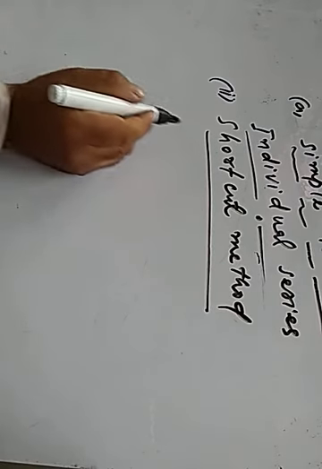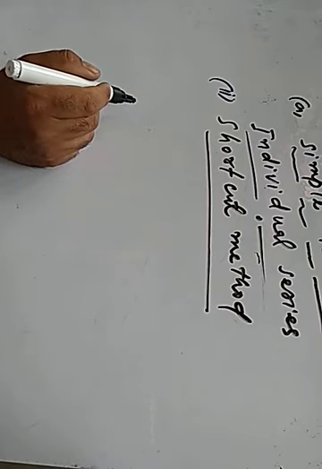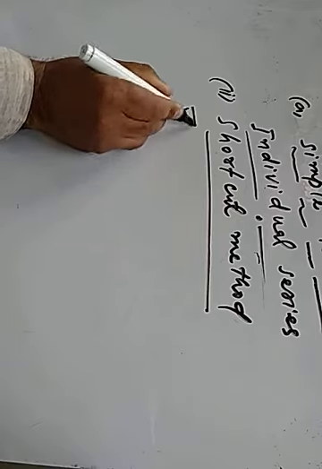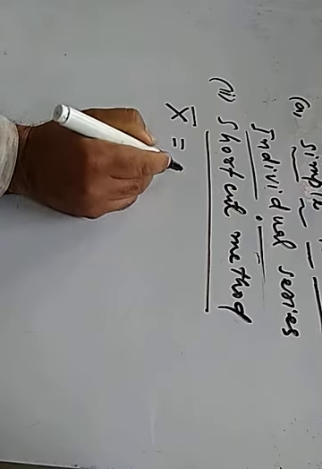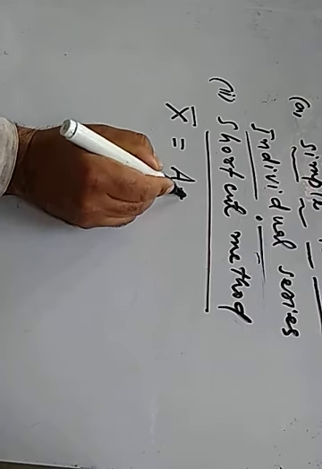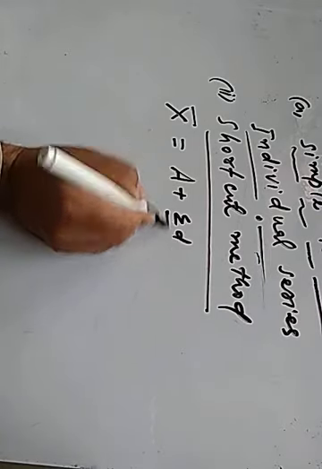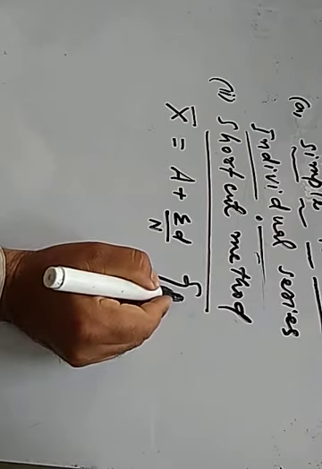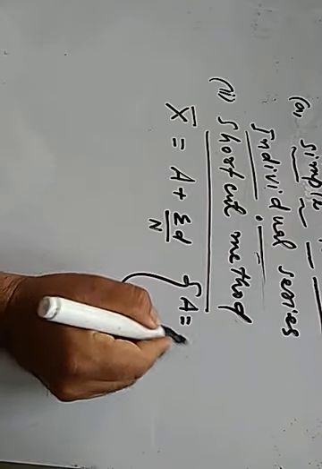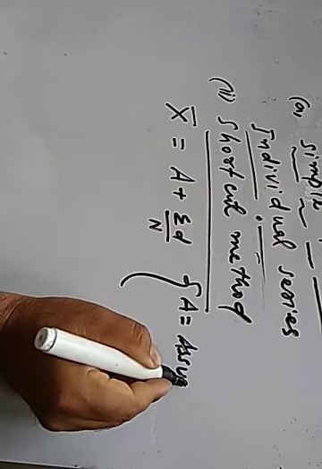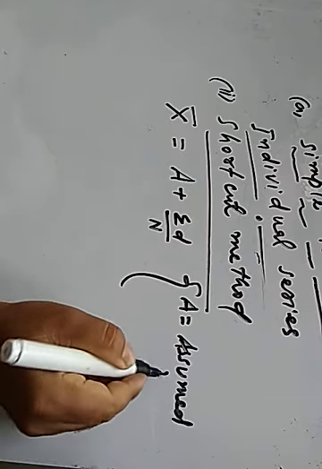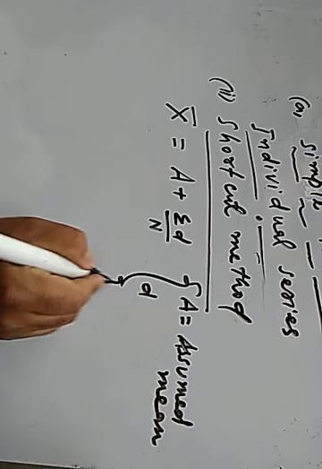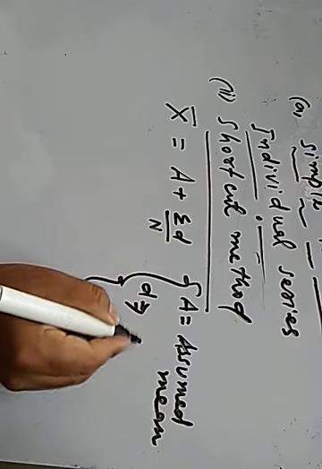The formula using the shortcut method for calculating arithmetic mean in case of individual series is given as x bar is equal to a plus summation of d divided by n, where a is the assumed mean, and d is the deviations.